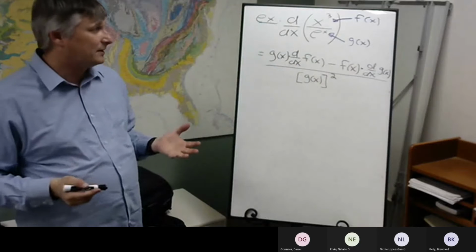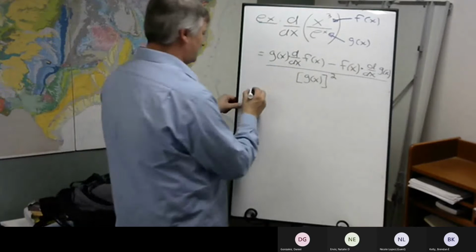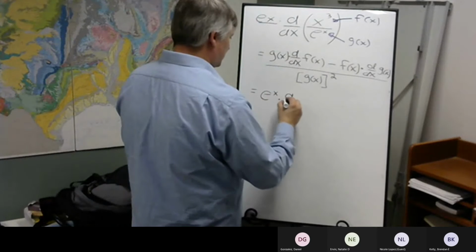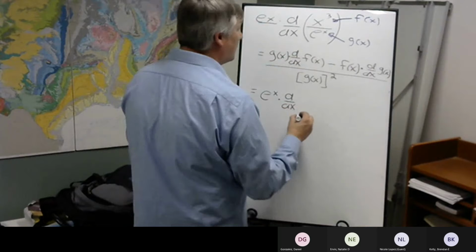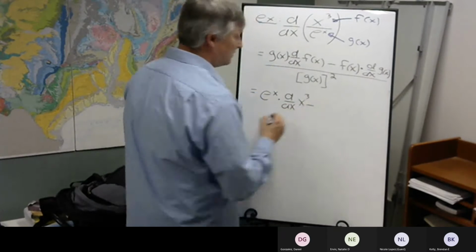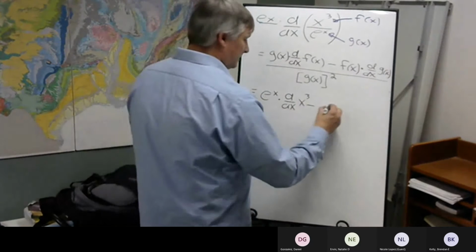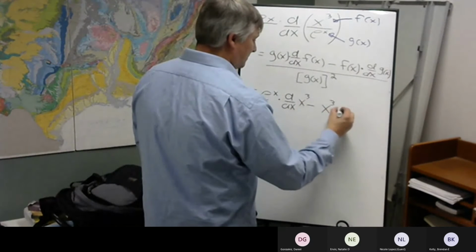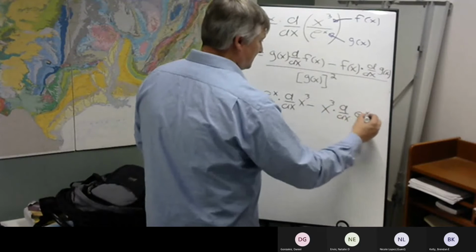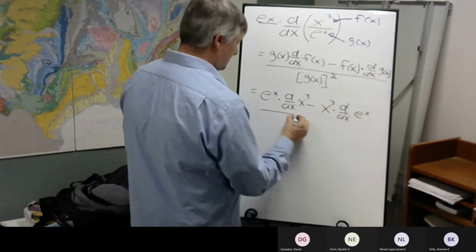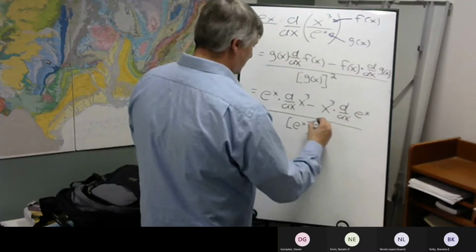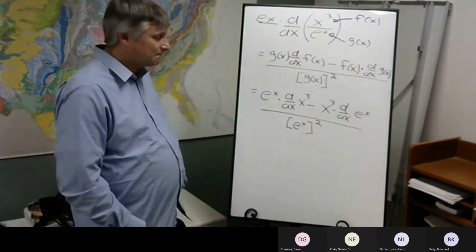So plugging things in: e to the x times the derivative of f of x, which is x cubed, minus x cubed times the derivative of g of x, divided by g of x squared.